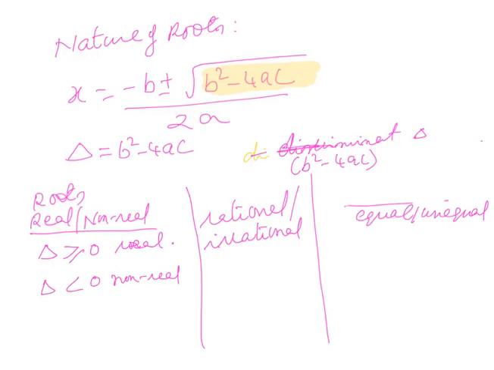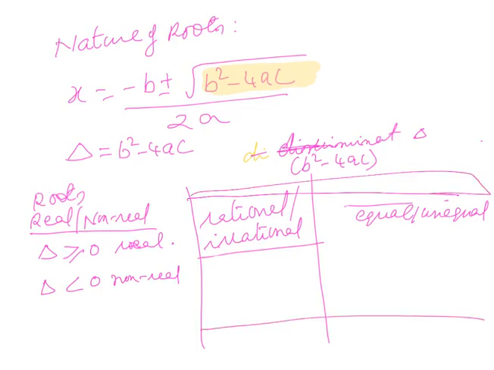When it comes to rational or irrational numbers, it depends only on real numbers, only for the values of delta greater than or equal to 0.